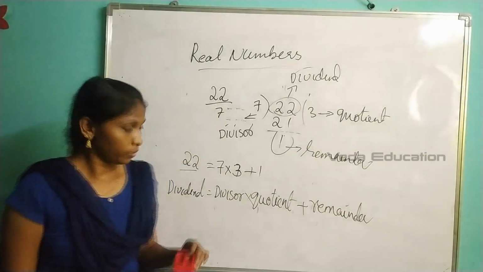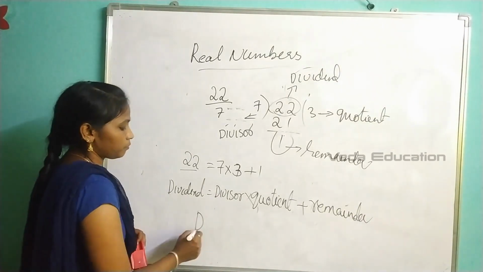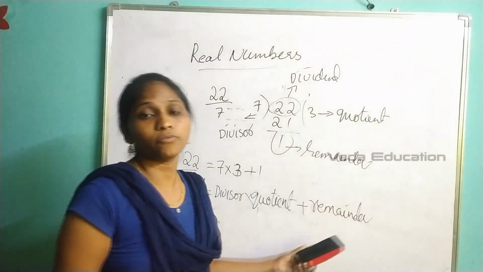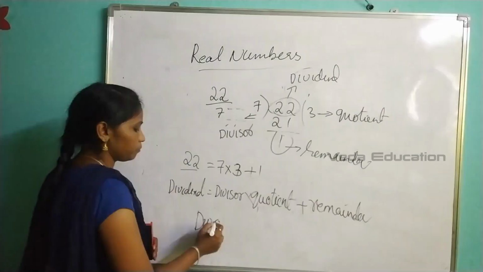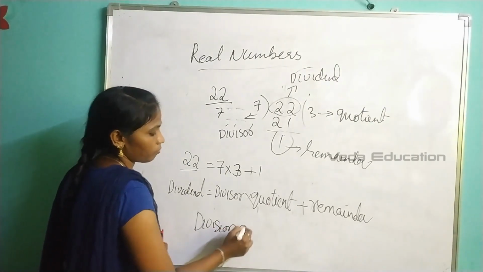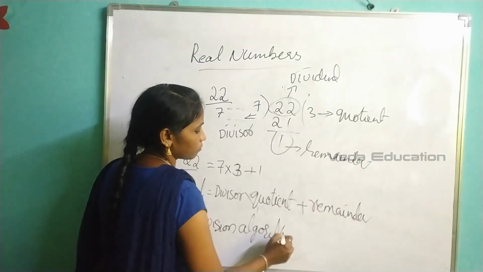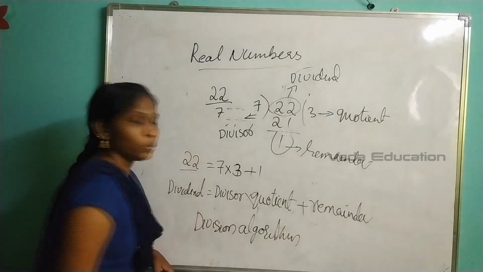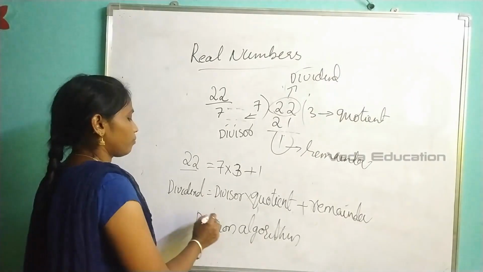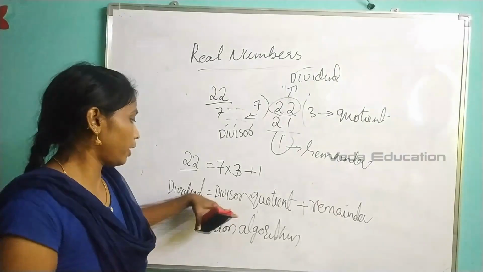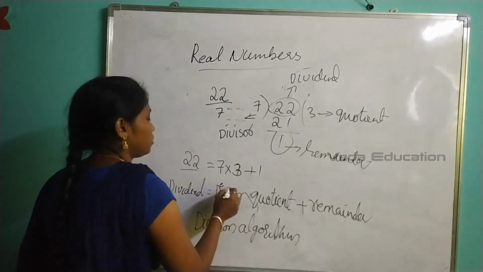This is the division algorithm. The division algorithm is nothing but the rule we follow to get the dividend. This is previous knowledge, a lower level topic.